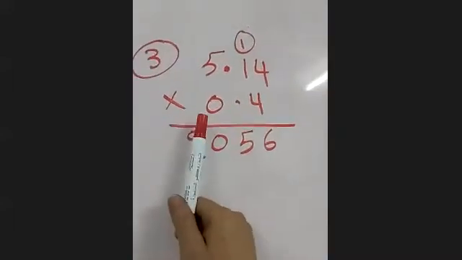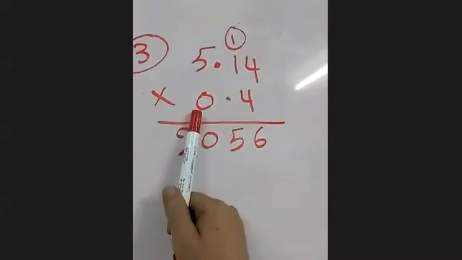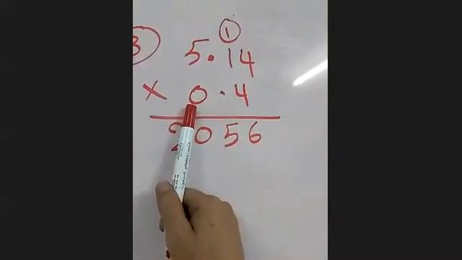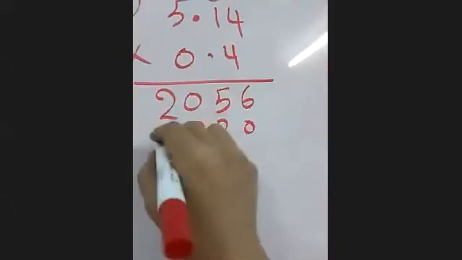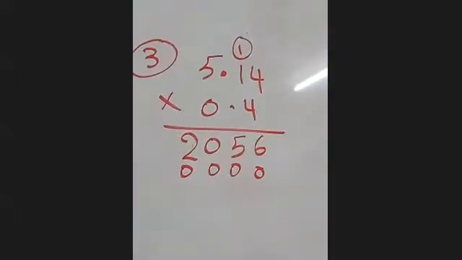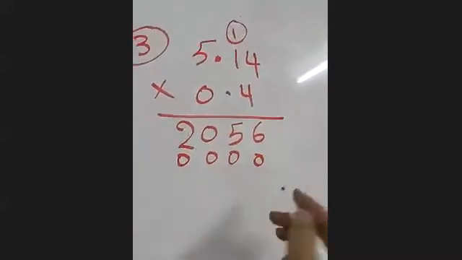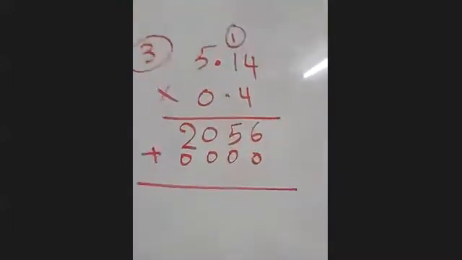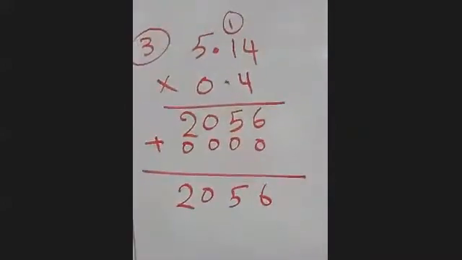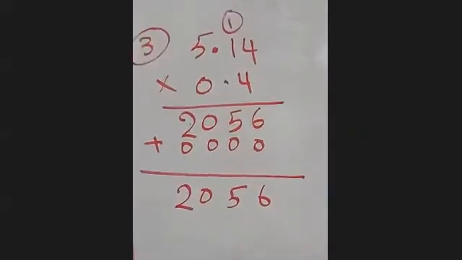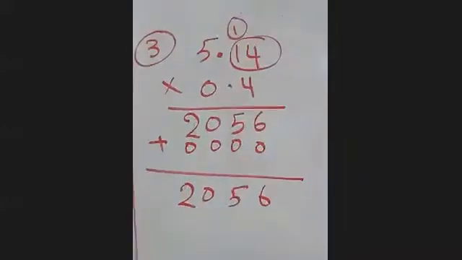Now, do we need to multiply with this 0? No. If you multiply, it will be 0. But if you don't multiply, it's okay. Add. Okay, 6, 5, 0, 2, right? Yes.